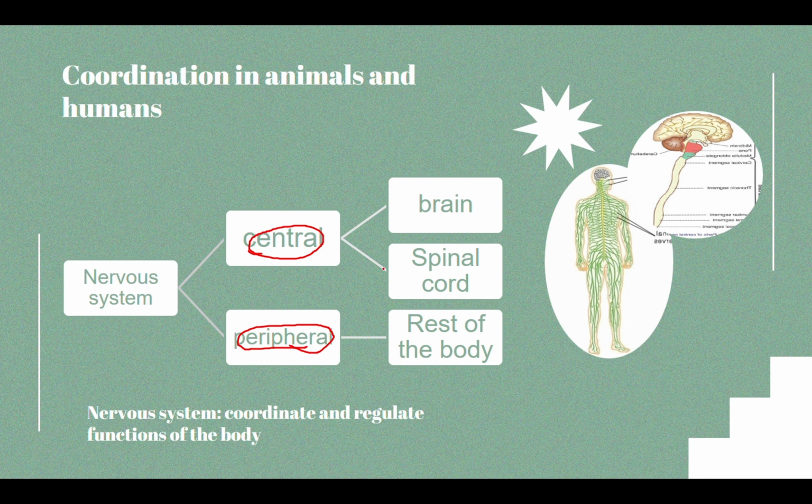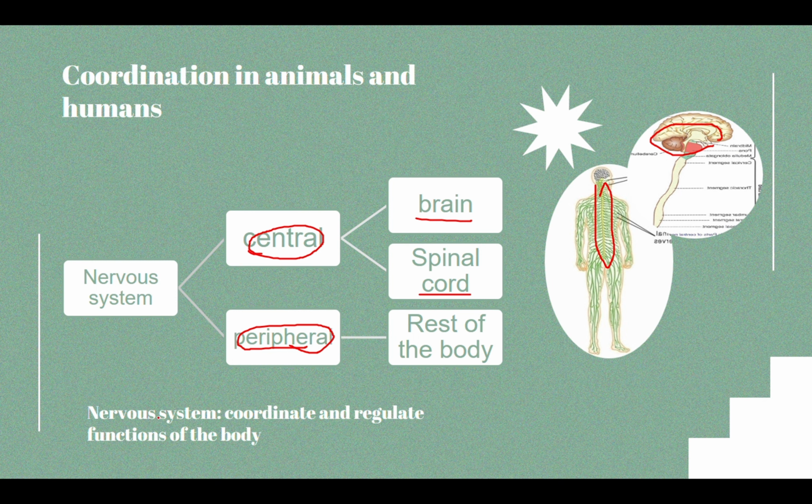So the central contains the brain and the spinal cord, while the peripheral contains the rest of the body. So this includes the nerves that you can find in your feet, hands, but the central only contains the brain, here you see it there, and the spinal cord here at the back, the one that looks like a stem.